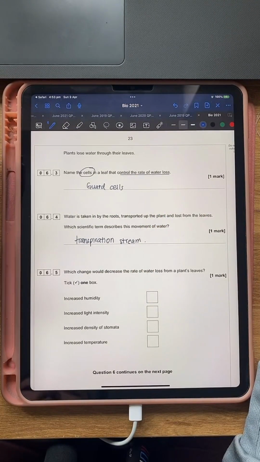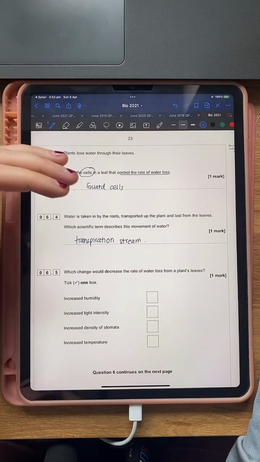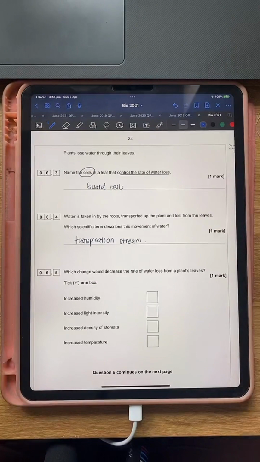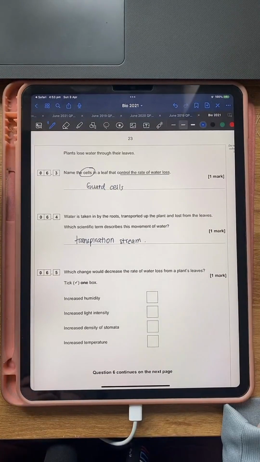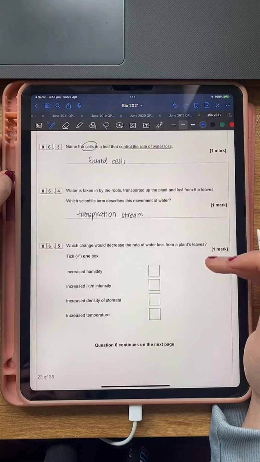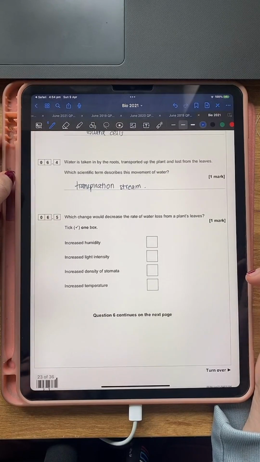Which change would decrease the rate of water loss from a plant's leaves? So we want to decrease the rate of water loss. Increase humidity. Very good.